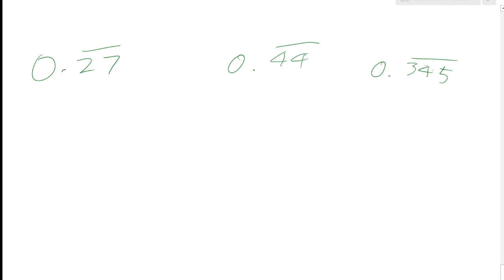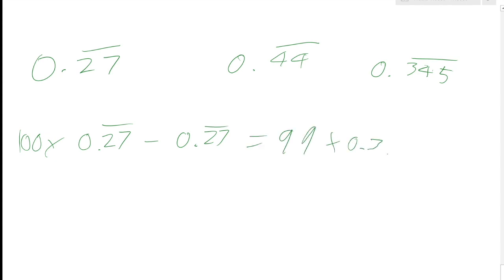So 0.27, find that 100 times 0.27 recurring minus 0.27 recurring equals obviously 99 times 0.27 recurring, which equals 27. So 0.27 recurring equals 27 over 99.